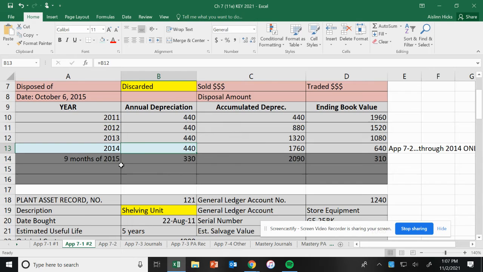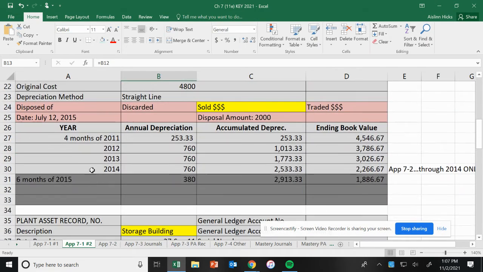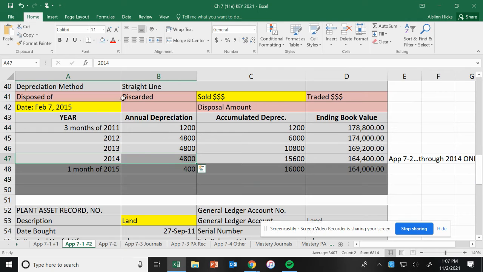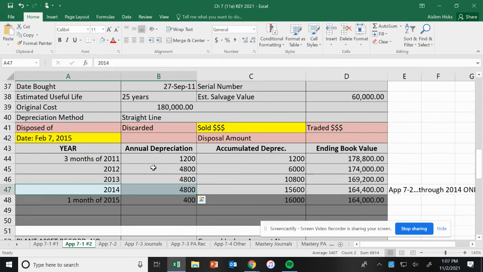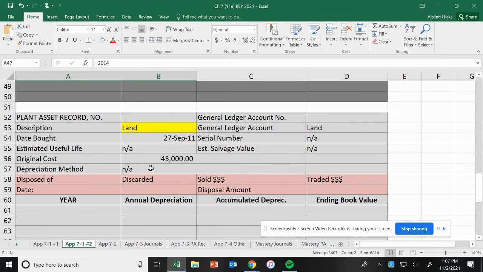That's what I'm journalizing for office equipment, 440. This is what I'm going to be journalizing for store equipment. And then this is what I'm going to be journalizing for building. Again, nothing for land because land does not go down in value. We pay property taxes on land, but don't depreciate it.